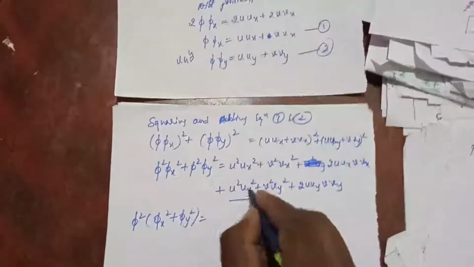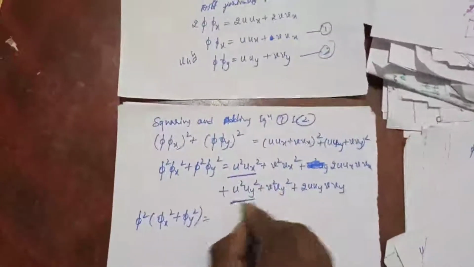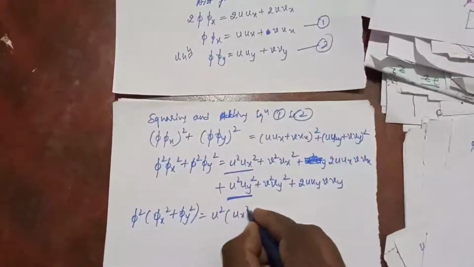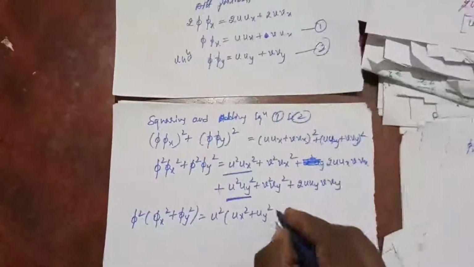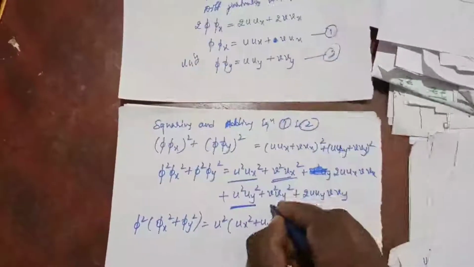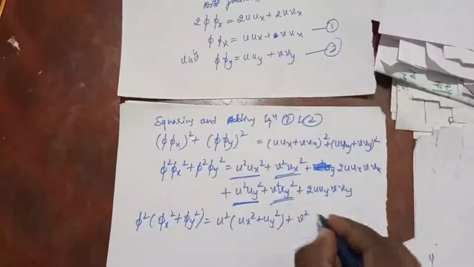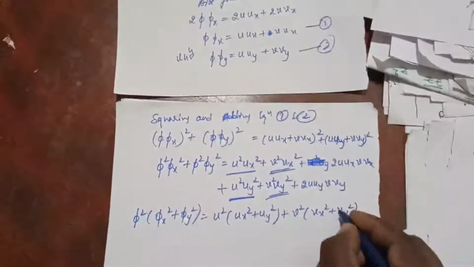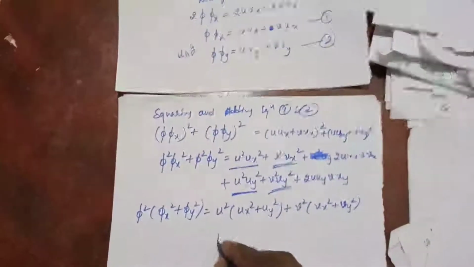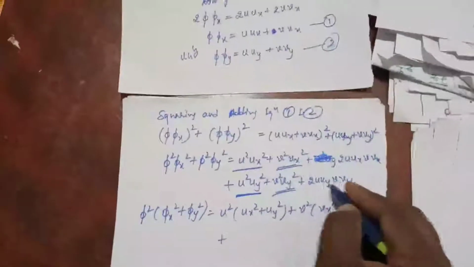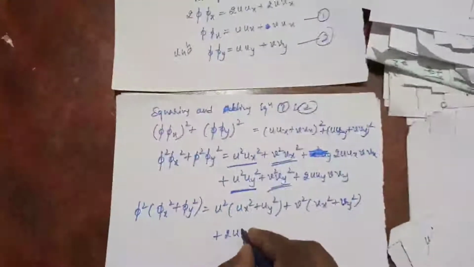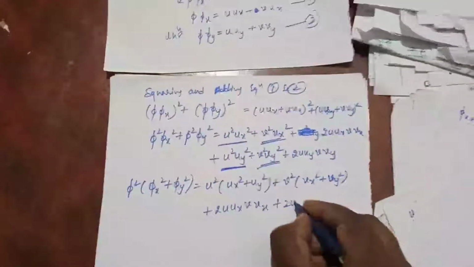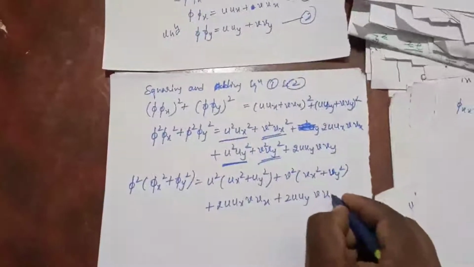For these two terms, u square is common: write u x square plus u y square as it is. For these two terms, v square is common: v x square plus v y square. Write the cross terms as they are, 2 u u x v v x plus 2 u u y v v y.